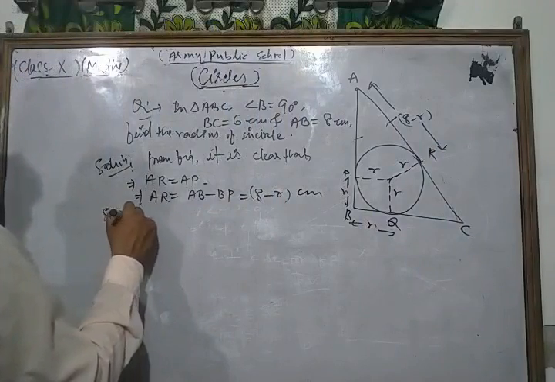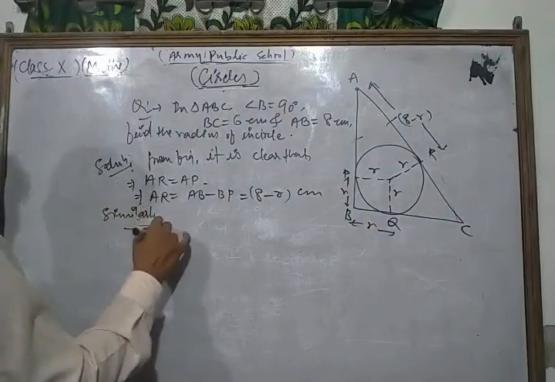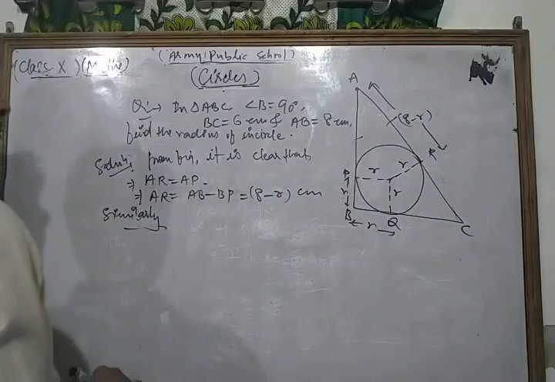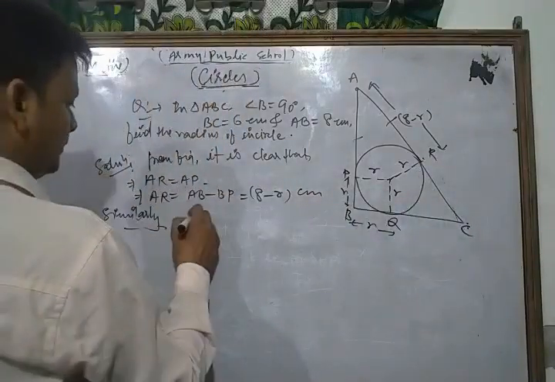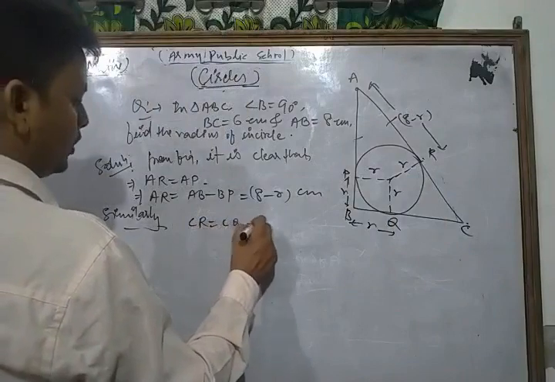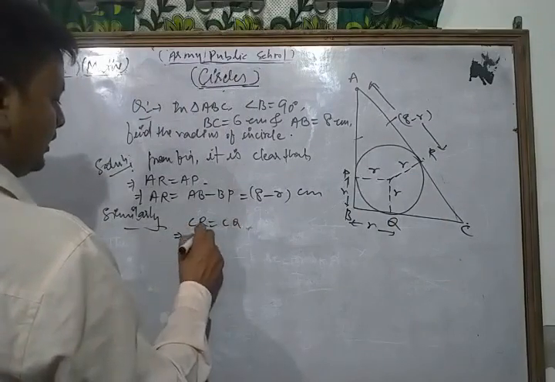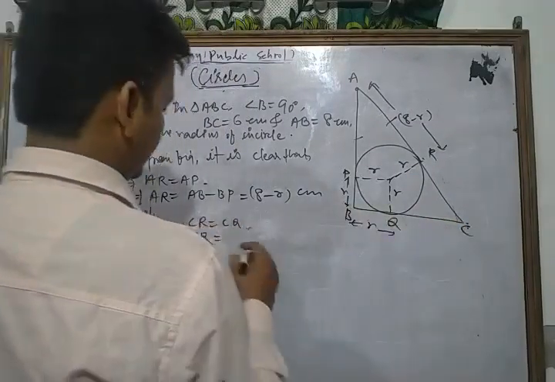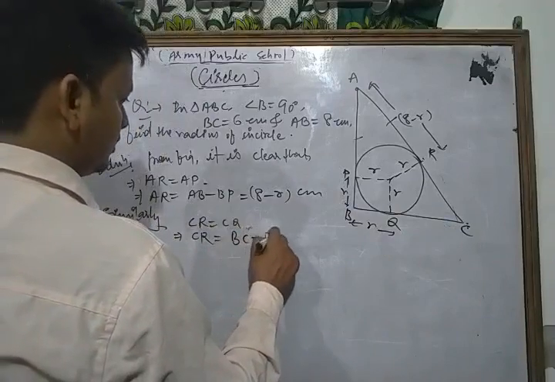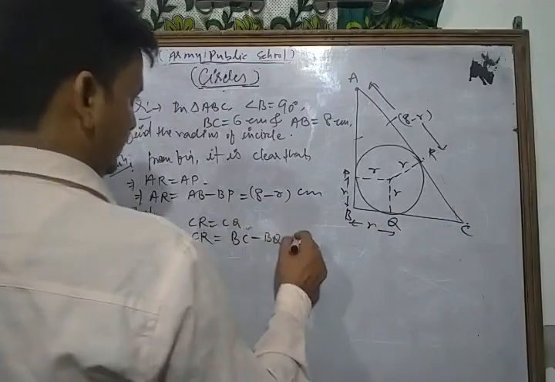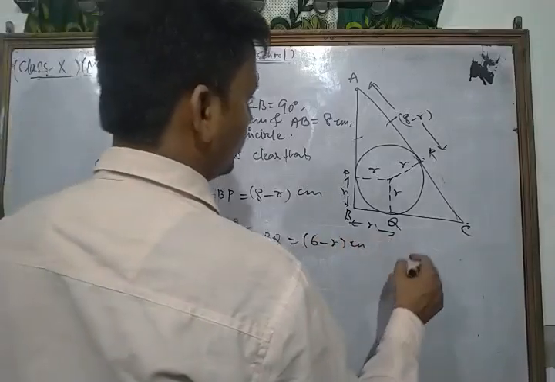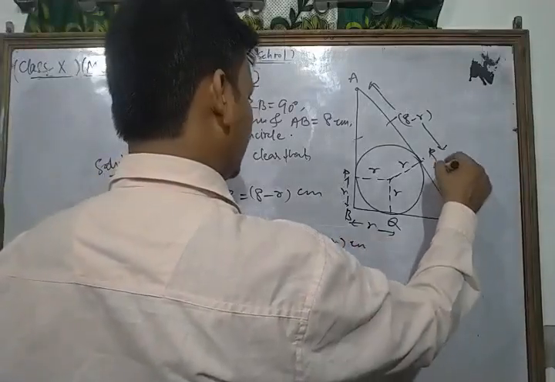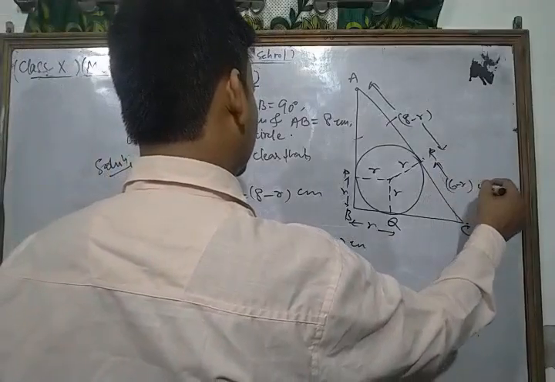Similarly, dear friend, CR is equal to CQ, and we can write CQ as BC minus BQ. BC is equal to 6 centimeter, and BQ is R. So we find CR as 6 minus R centimeter.